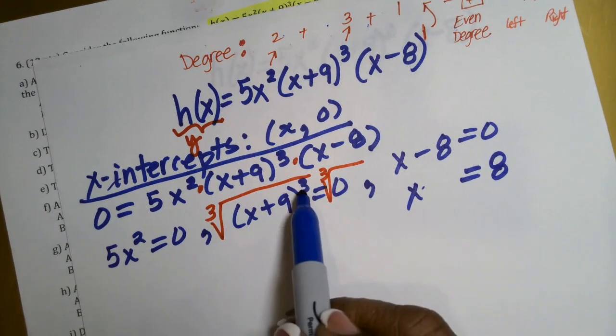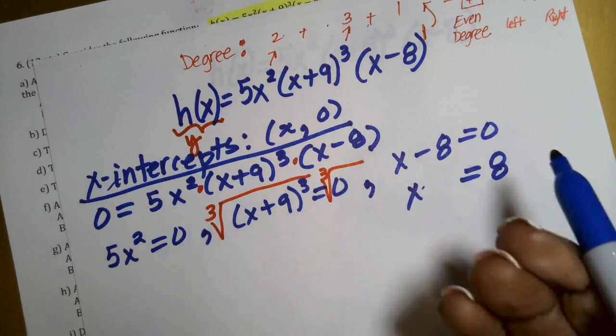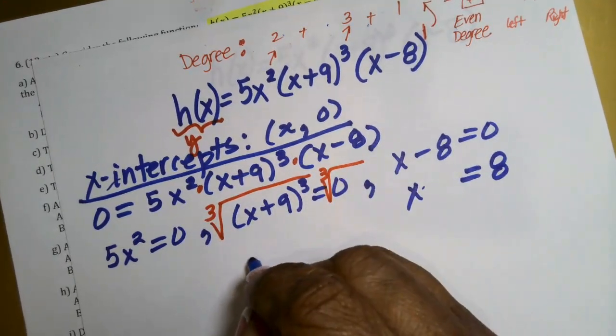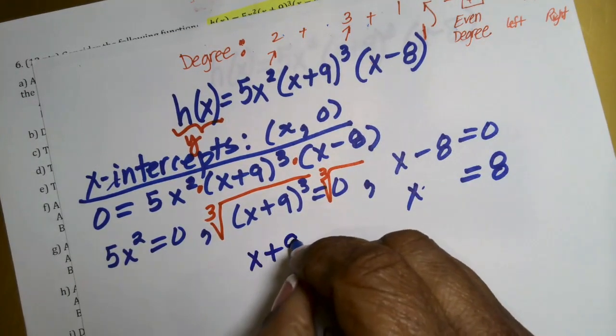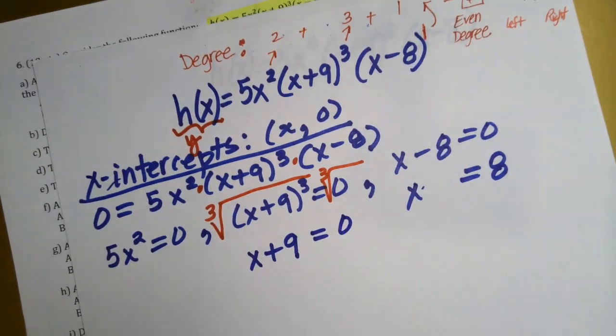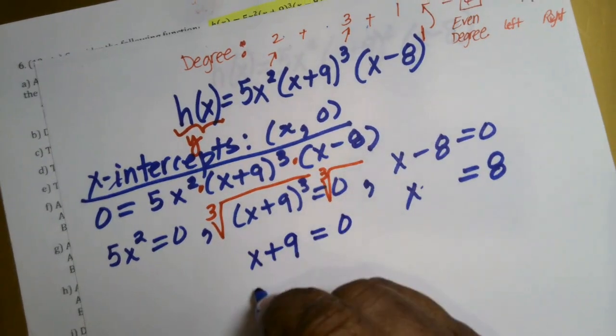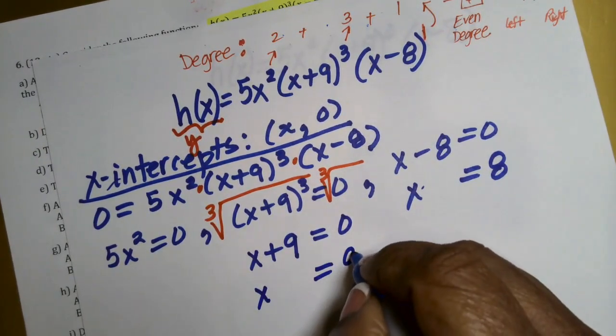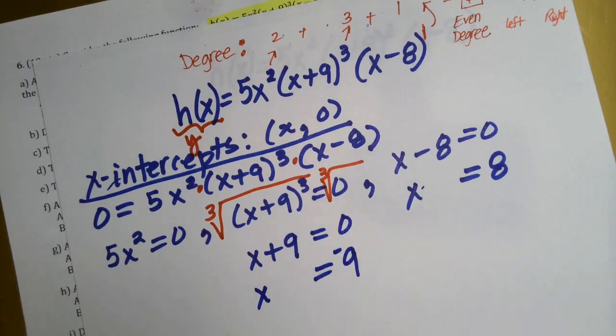The cube power and the cube root cancel each other out, and we're left with x plus 9. The cube root of 0 is 0. Then we subtract 9 from both sides, and we get x equals negative 9. That's another x-intercept, another root.